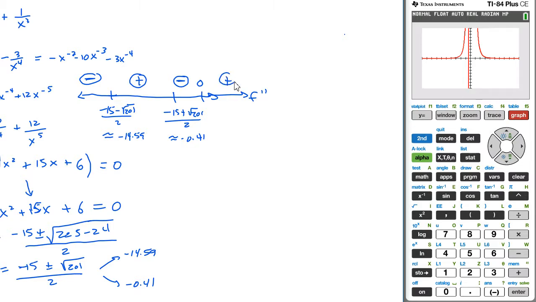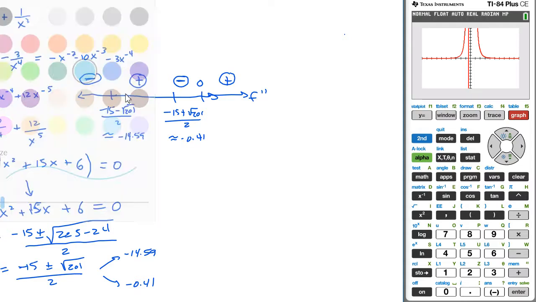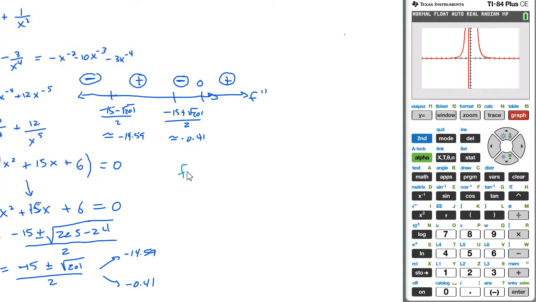Okay, and so remember, concave up, so let's just summarize here. When the second derivative is greater than 0, we're concave up. We're increasing with an increasing rate of change, is what that means. Whoops, it's hard to write at the end of the screen here. Increasing rate of change, sorry about that. But anyway, we're concave up.